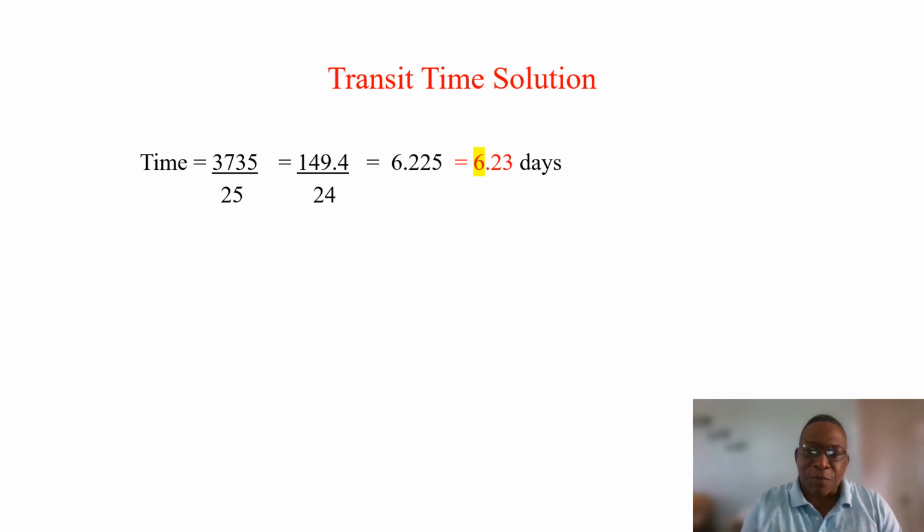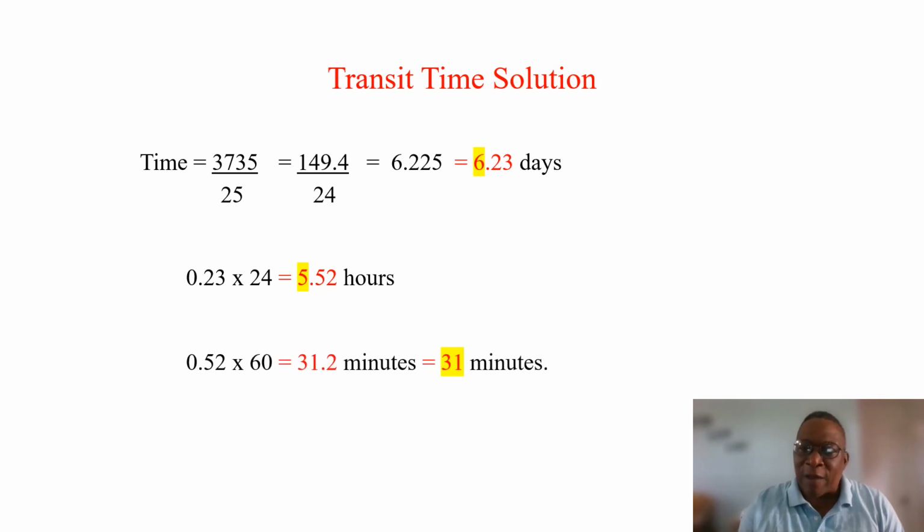Good. Now, we take the 6 days, and we want to know what 0.23 of a day is in terms of hours. We multiply 0.23 by 24, and we get 5.52 hours. Again, we remove the 5 hours, and we are left with 0.52 of an hour. We need to know how many minutes that is, so 0.52 times 60 gives us 31.2 minutes.